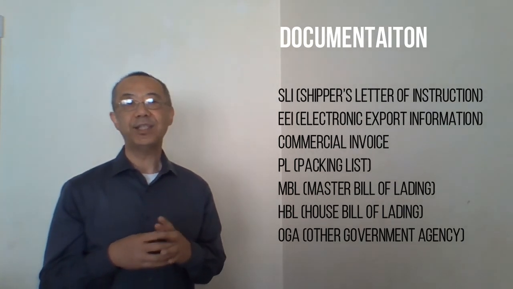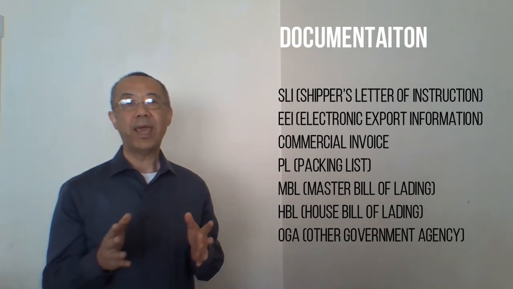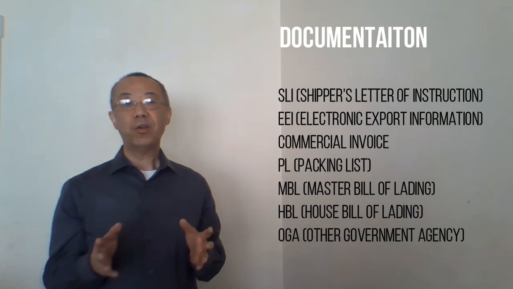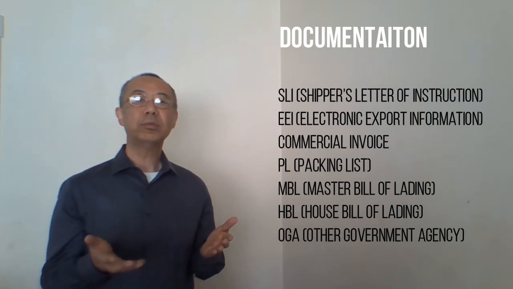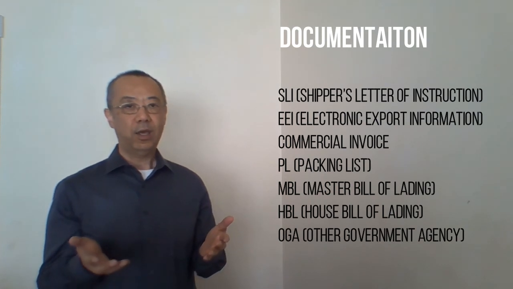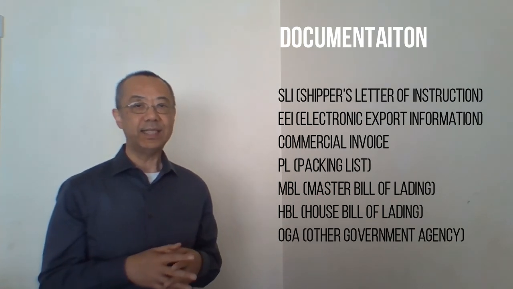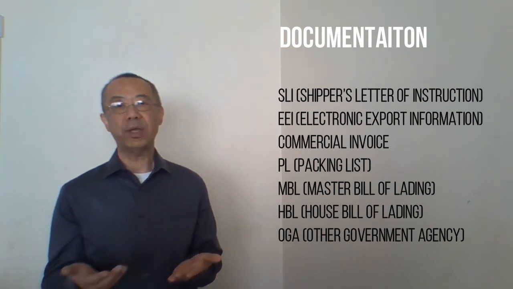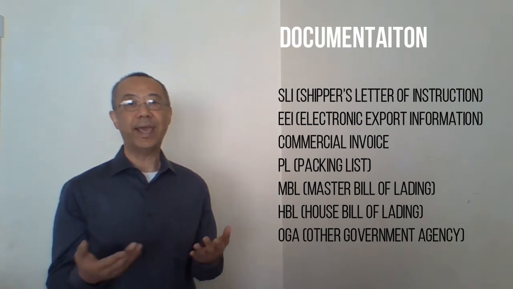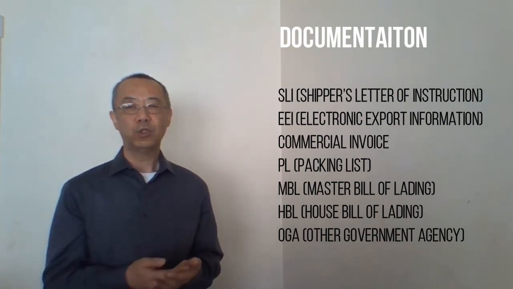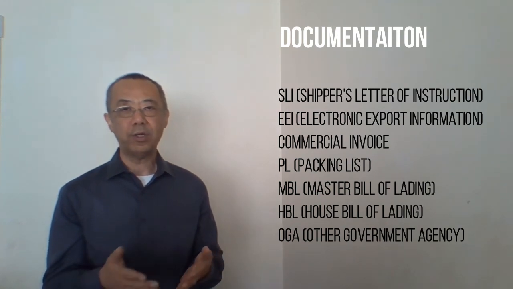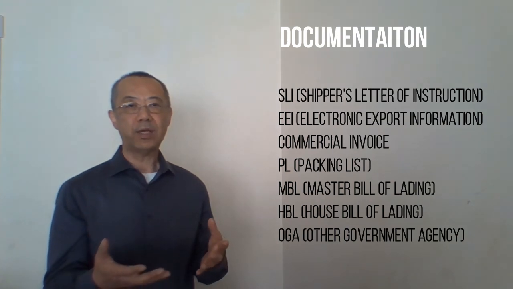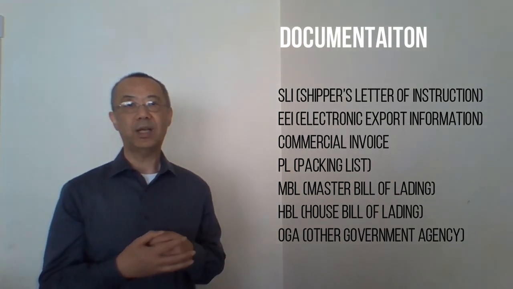Some OGAs include the Animal and Plant Health Inspection Service, called APHIS, the Food and Drug Administration, known as FDA, the Environmental Protection Agency, called EPA, and the Bureau of Alcohol, Tobacco, Firearms and Explosives, called ATF, and so on. So you need to consult your freight forwarder or another agency about whether your products are subject to these OGAs.